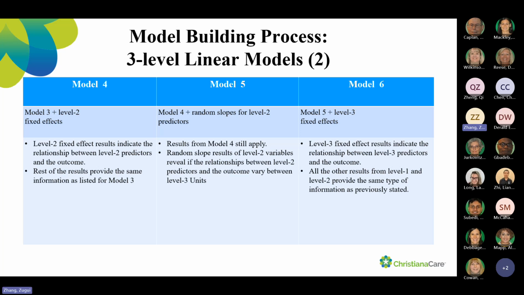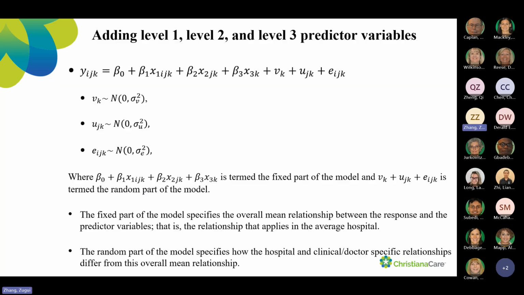After that, we will have a random slope for level 2 predictors. And then we will add the level 3 fixed effects, such as the size of the hospital and others. So in a 3-level model, we could run 6 models from one step to another.